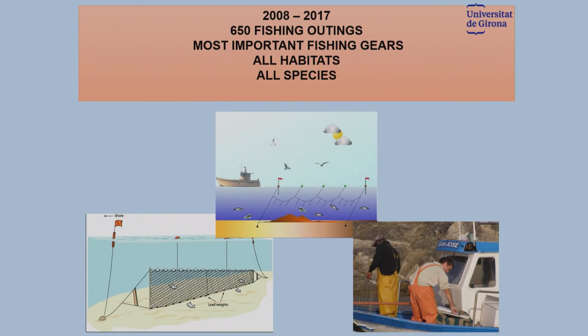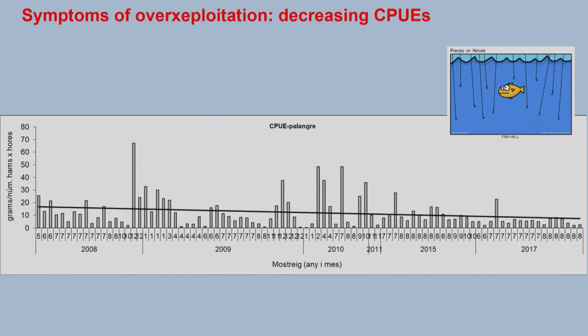So we are conducting different sampling in different habitats, different species, different years, and then with this we just compute very simple, basic parameters like catch per unit effort. We can see then, if you collect this data year after year, how, for example, for this species, the catch per unit effort is going down. This is bad. This is a symptom of overexploitation.